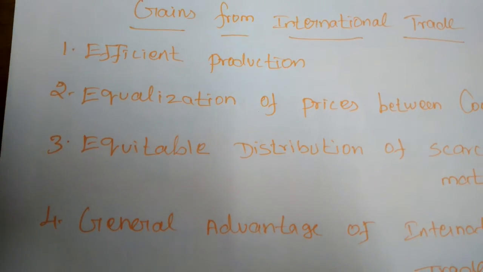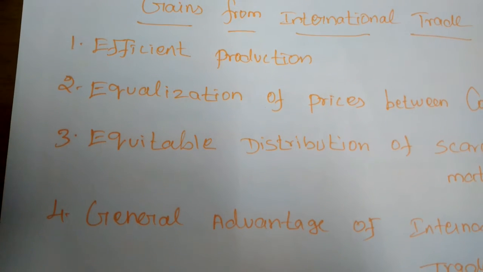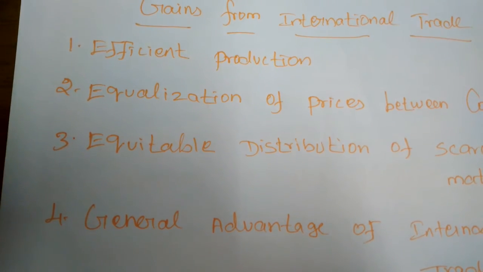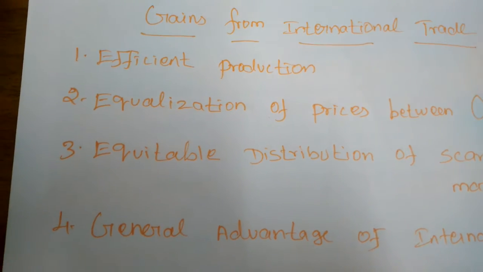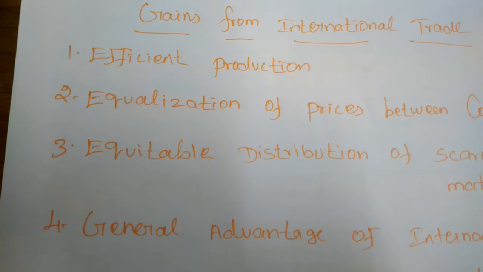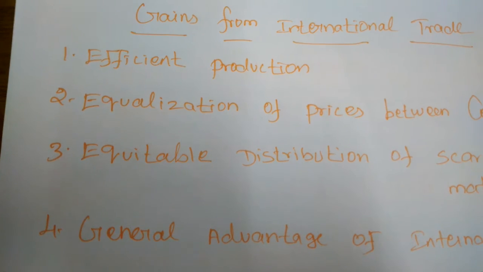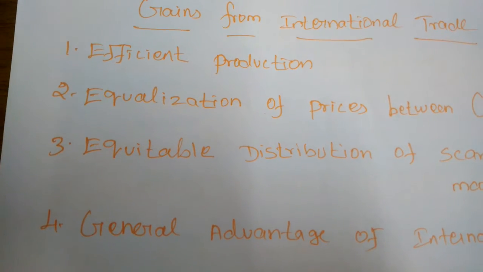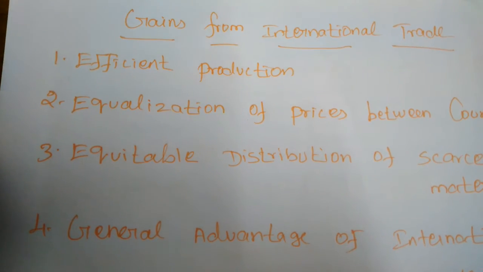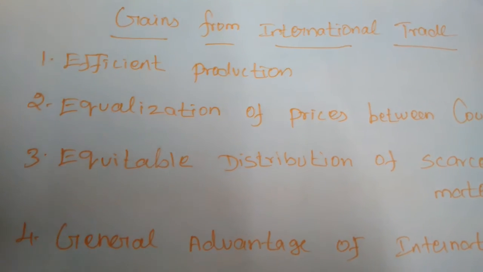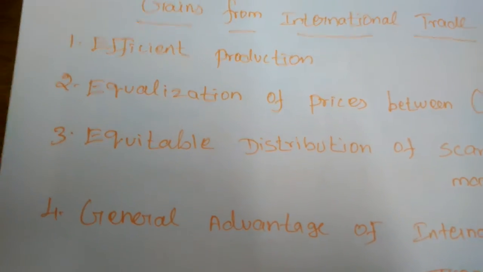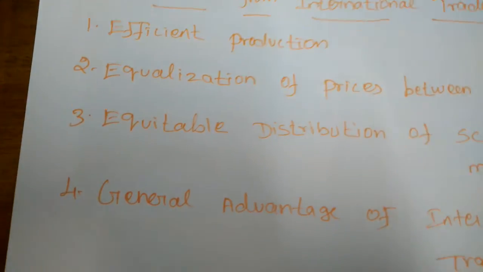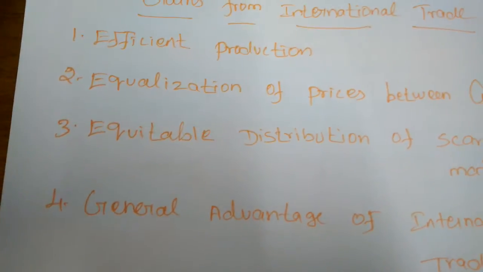International trade enables each participating country to specialize in the production of goods in which it has absolute or comparative advantages. So international specialization offers some gains. In this way all the nations get some efficiency in production.